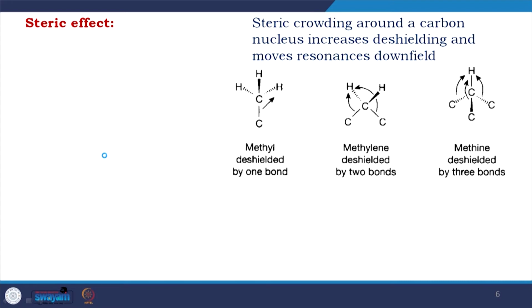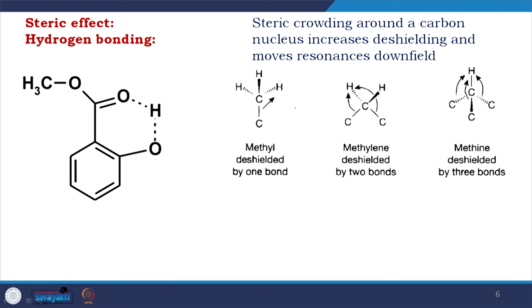Like if you see carbon with 3 hydrogens, here it is a methyl, deshielded by 1 bond, then methylene deshielded by 2 bonds and methine deshielded by 3 bonds. And you see that the chemical shift actually changes because of the steric effect.